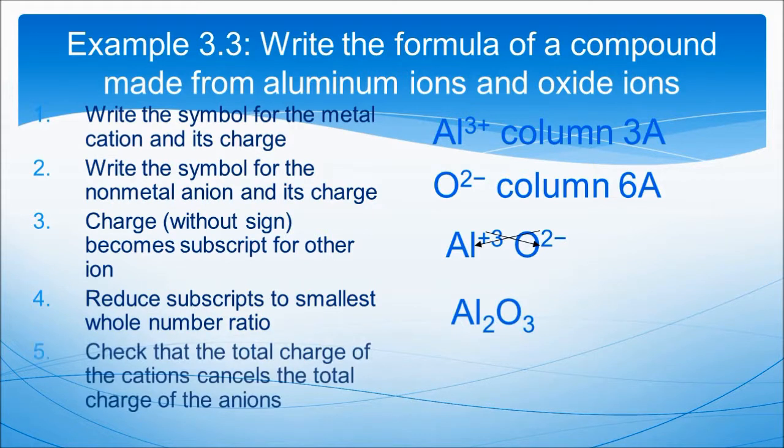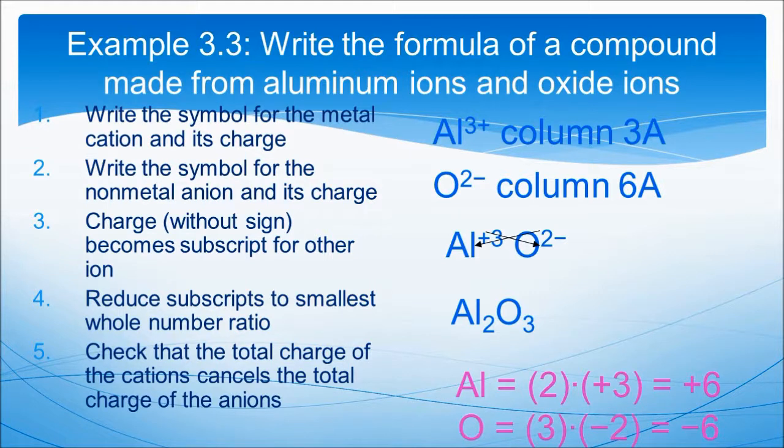Once this is done, you check that the total charge of the cations cancels the total charge of the anions. In this case, we have 2 aluminum ions, so 2 multiplied by 3 equals a total of 6. So it's a plus 6 charge on the cation.